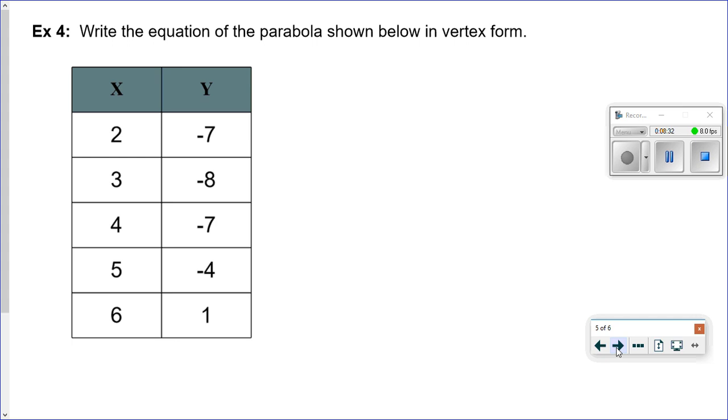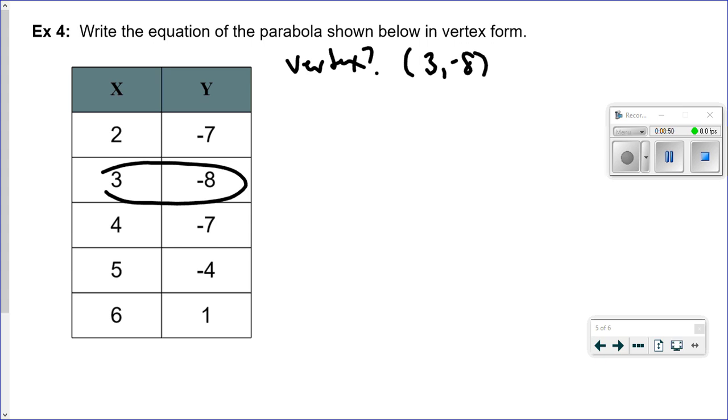Now, this one's a little harder. I gotta look to see where the vertex is. And it looks like that one's my vertex. The easiest way to tell is start looking for those repeated values.